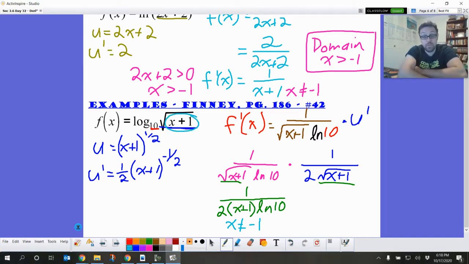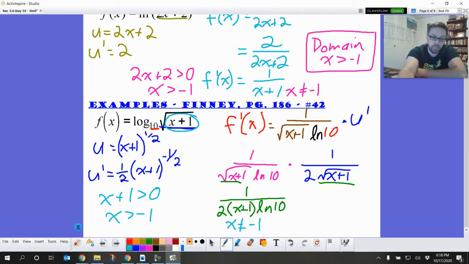Inside of that square root has to be greater than or equal to 0. And on top of that, it's inside of a logarithm, so it can't be 0 either. We want to make sure that x plus 1 stays greater than 0. So that's really saying x has to be greater than -1.